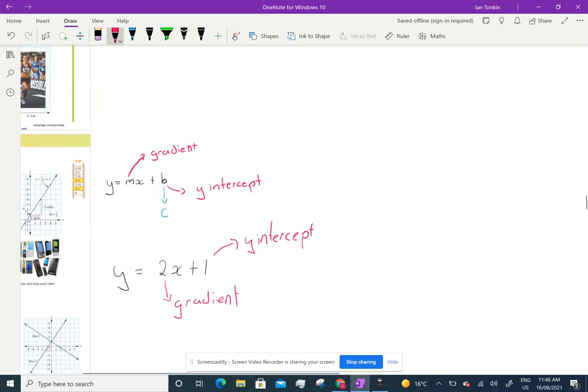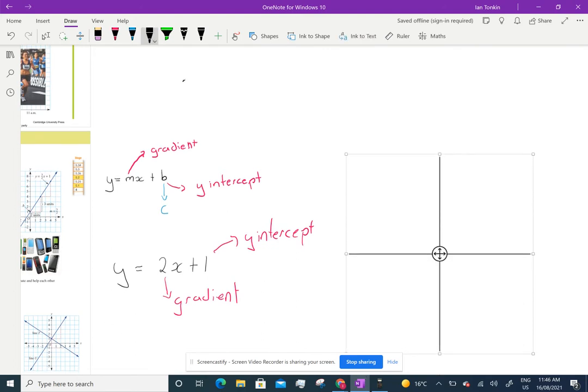How does that help me graph this equation? This tells me where it crosses the y-axis. Remember, the y-axis is here and the x-axis is here, which means it's going to go through 1. And it has a gradient of 2.